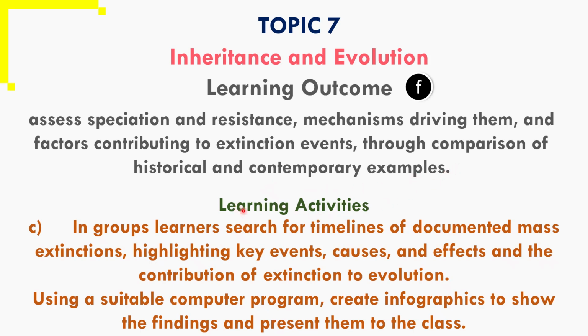We have been looking at learning activity C. In groups, learners search for timelines of documented mass extinctions, highlighting key events, causes, effects, and the contribution of extinction to evolution. And using suitable computer programs, they create infographics to show their findings and present them to the class.